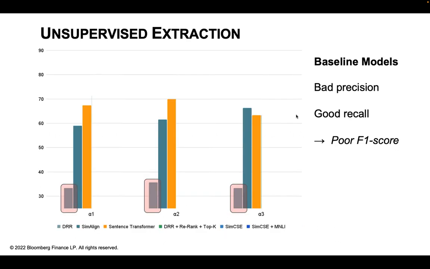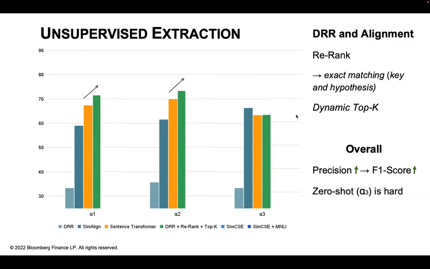First, we tried the unsupervised extraction model. In the unsupervised extraction model, we found that baseline models like DRR don't do very well. They have good recall, because they mostly predict 50 to 60% of the rows, but they have very bad precision, hence poor F1 score. Then we tried DRN and alignment based approaches, where we found that it really helped and improved performance.